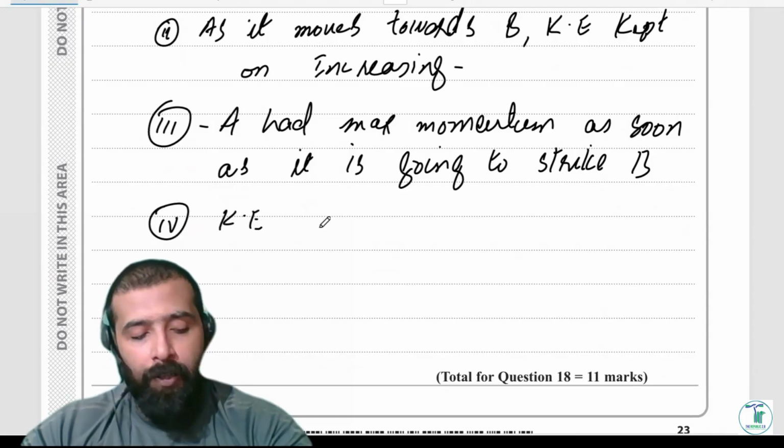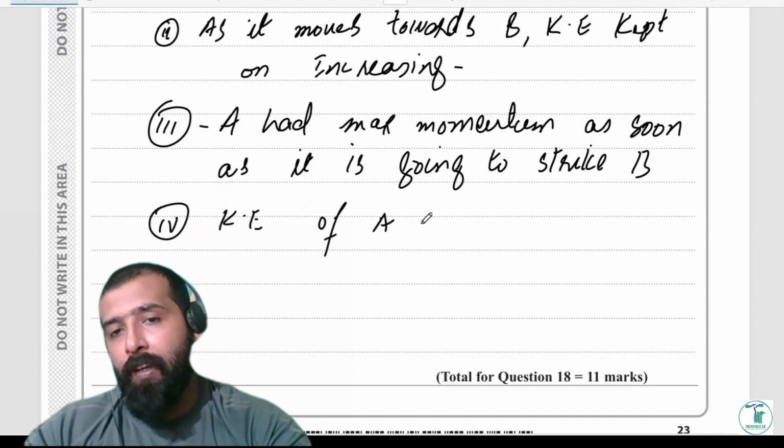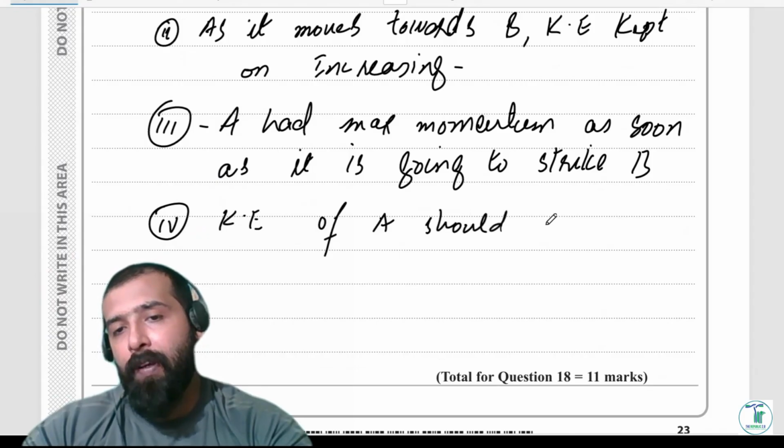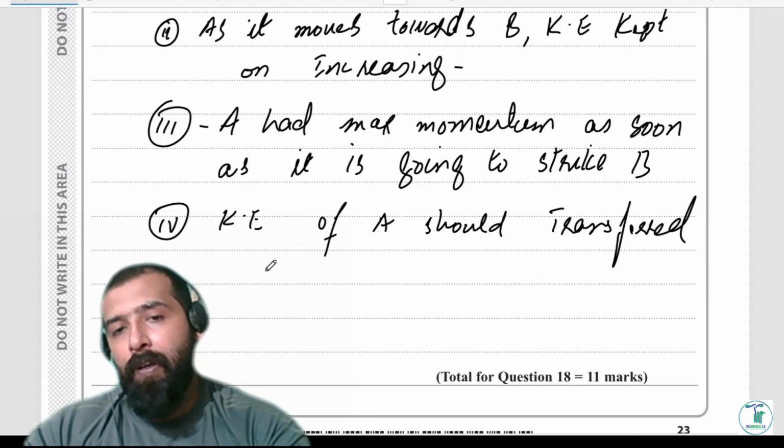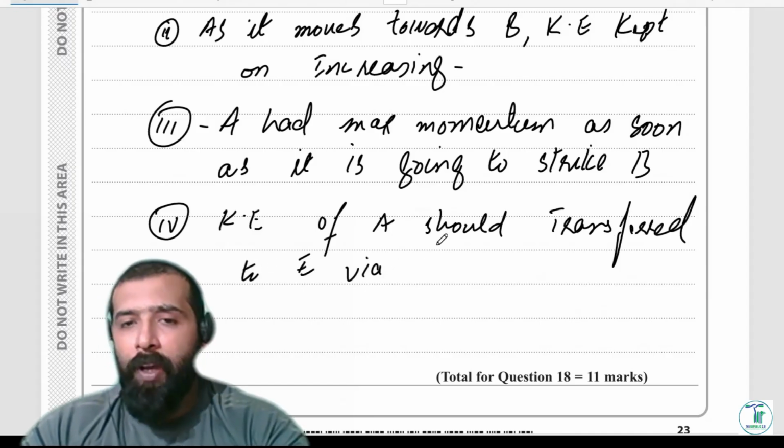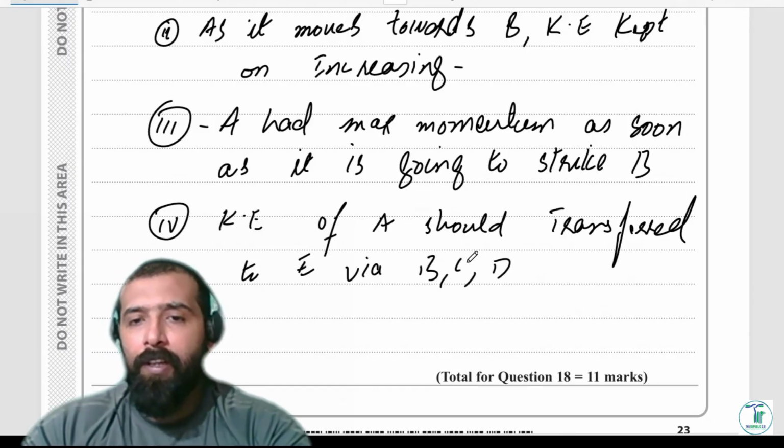So now, the kinetic energy of A should be transferred to E via the middle balls, right? Via B, C, and D, I guess.